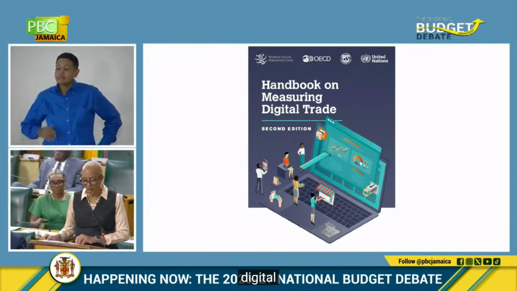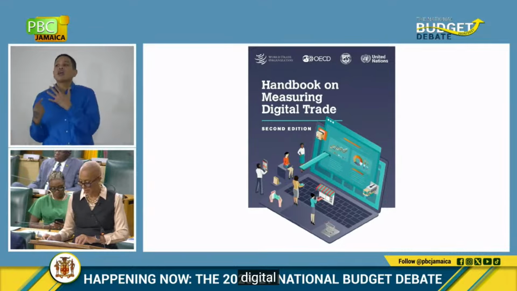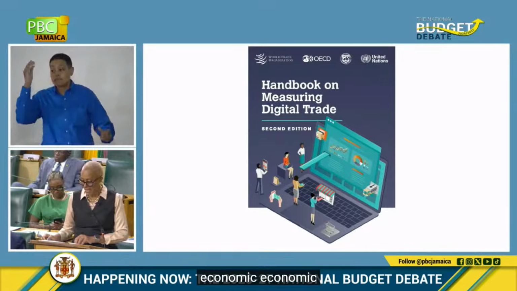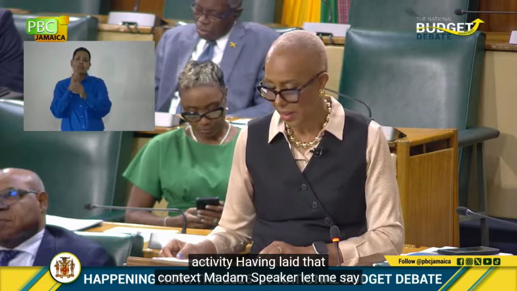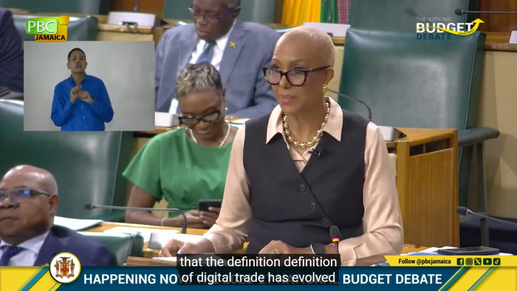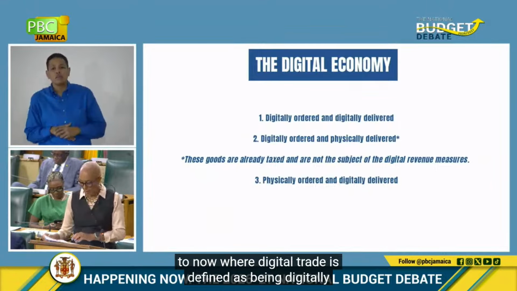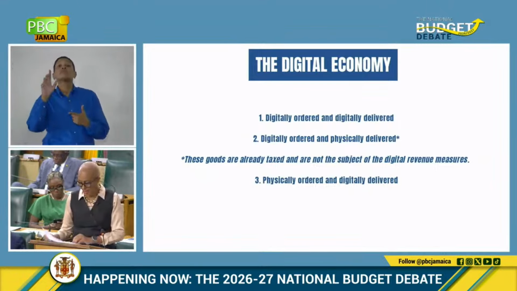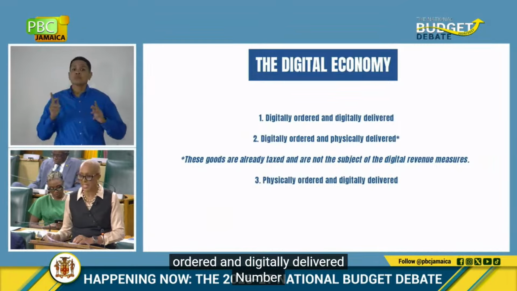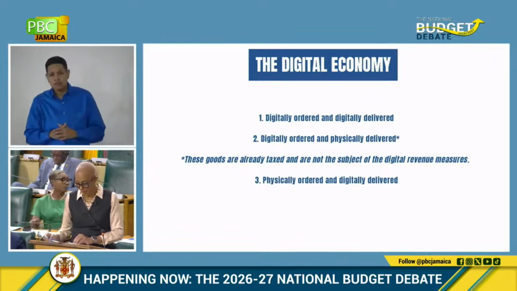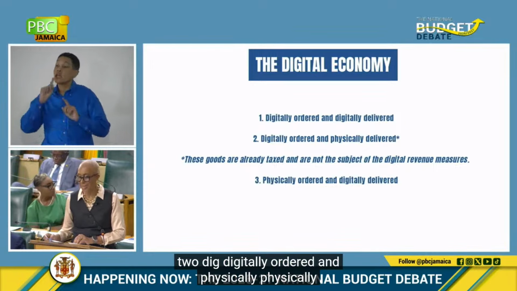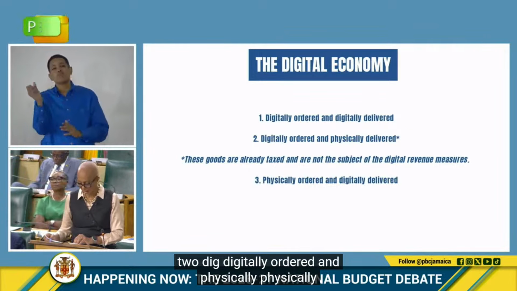Having laid that context, Madam Speaker, let me say that the definition of digital trade has evolved to now where digital trade is defined as being, number one, digitally ordered and digitally delivered. Number two, digitally ordered and physically delivered. And number three, physically ordered and digitally delivered.